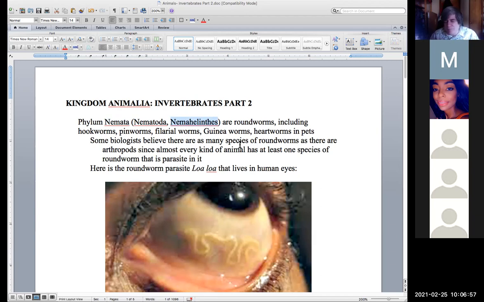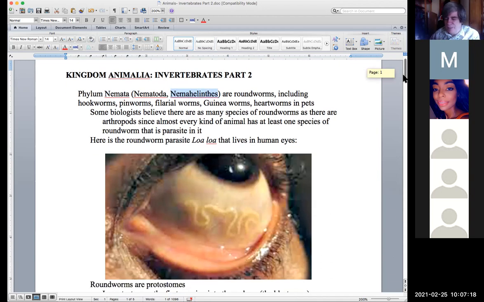Why do they think that? If we study almost every type of animal, there's at least one species of roundworm that's a parasite in it. So from that point of view, there's probably one roundworm, maybe more than one, for everything else. So here's an example of a roundworm called Loa loa.